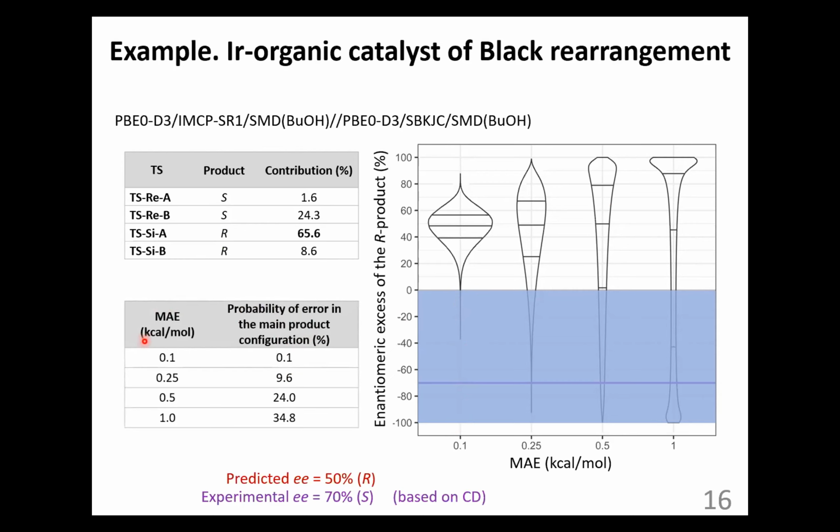And we can see that with the mean absolute error of 0.1 kilocalories per mole, we only have 0.1% probability of being wrong, which is quite a small probability. And at 0.25, the probability rises up to 10%, but it's still not that large. However, we can see that this prediction in particular is quite sensitive to the accuracy of our energies.